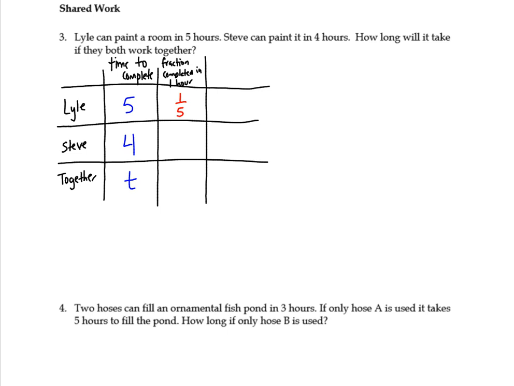Steve would be 1/4. Together, it takes T hours to complete it together. What fraction did they complete after 1 hour together? 1/T. Okay, and then the last category is the fraction completed in T hours.